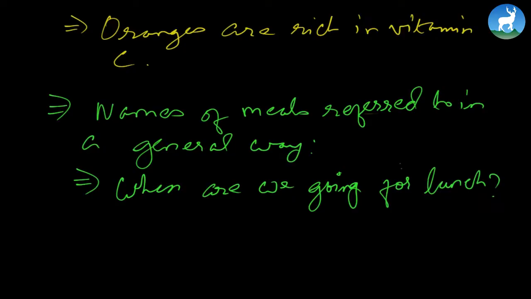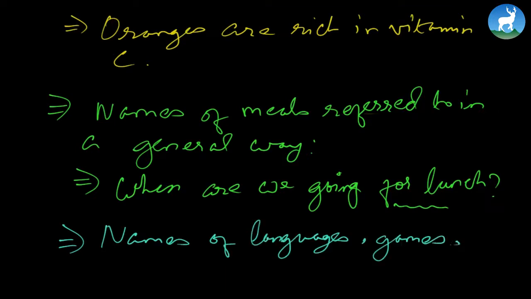See, names of meals referred in a general sense. So we don't necessarily say when are we going for the lunch. Again we move further. We use the zero article in names of languages, games, and relations.